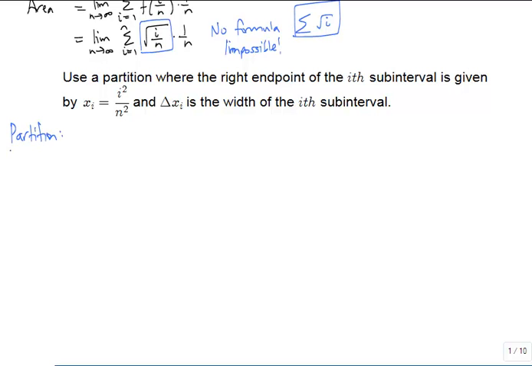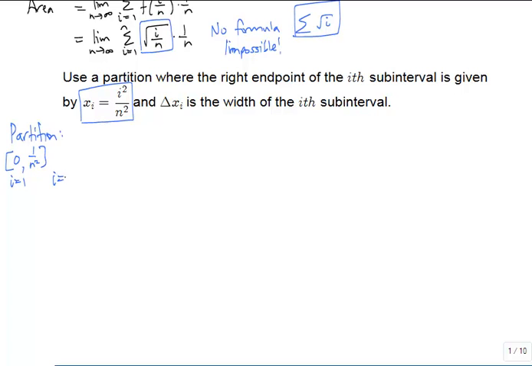So the very first subinterval obviously starts at 0. And now what this is saying is that we want our first endpoint to be determined by this formula when i is 1. So if I let i be 1 in this formula, this just becomes 1 over n squared.